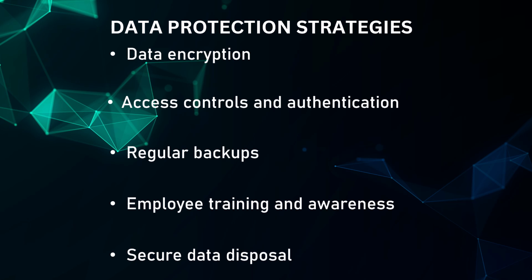And then of course we have regular backups, ensuring that should the online or main data be compromised, especially when we talk about ransomware, whereby your data is encrypted and you're required to pay a ransom so that your data can be released, which doesn't even work in most cases.